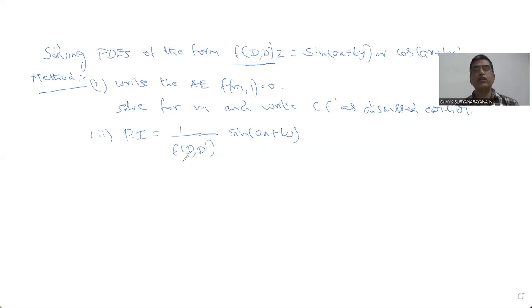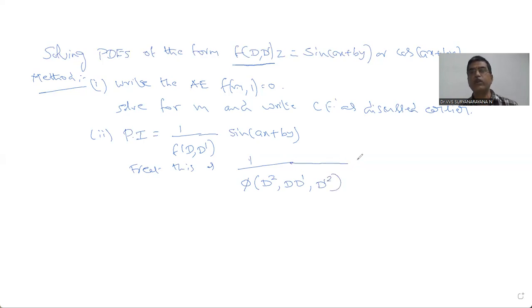What we do is, this f of D, D dash will contain not only first derivatives, it will contain second order derivatives also. So treat this as 1 by, instead of f of D, D dash, consider this as a function containing D square, D D dash, and D dash square.